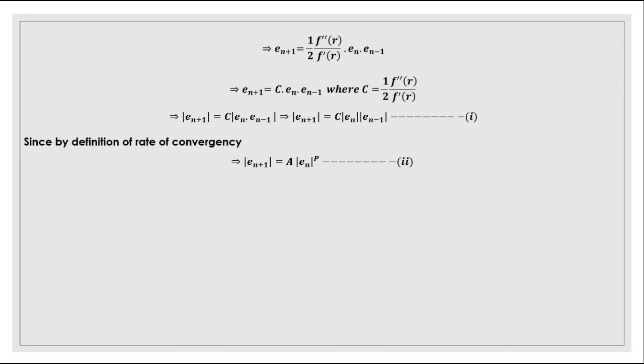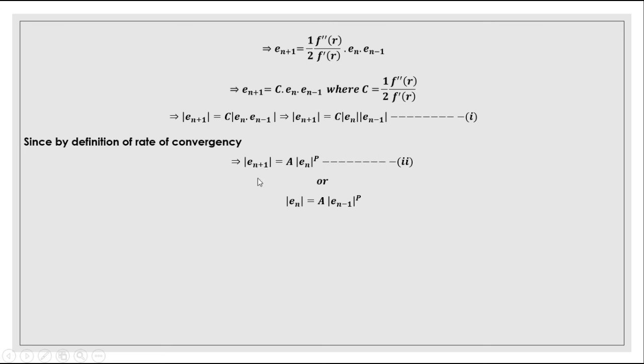These two will be equal, and from this we can write it for e_n for the nth term. By replacing this n plus 1 by n, we will get n here and we will get here n minus 1. So it will be equal to, it is the n plus 1 term, it is the nth term.